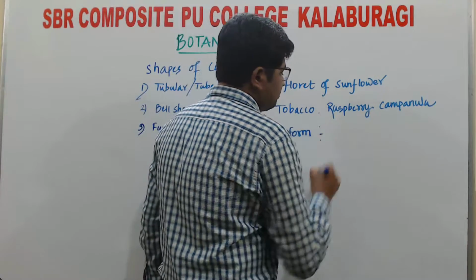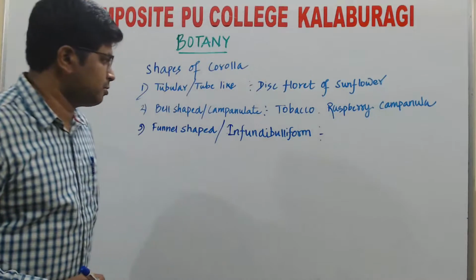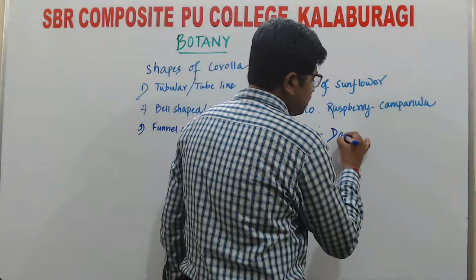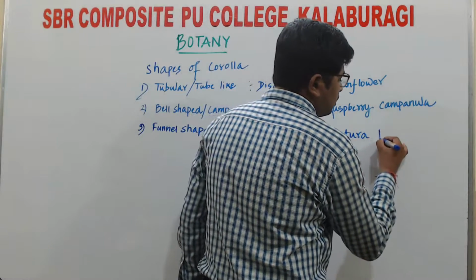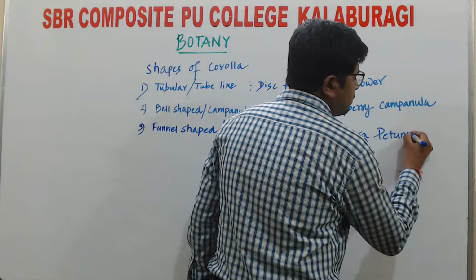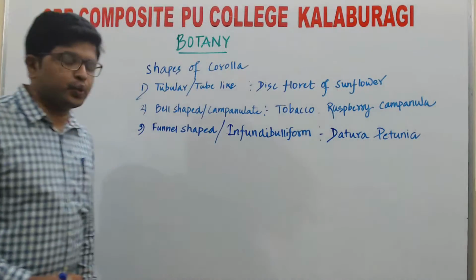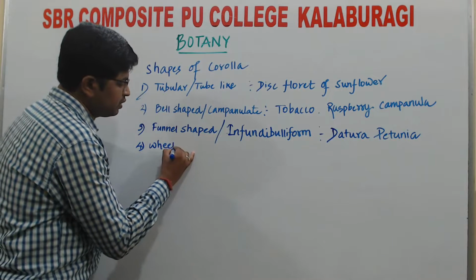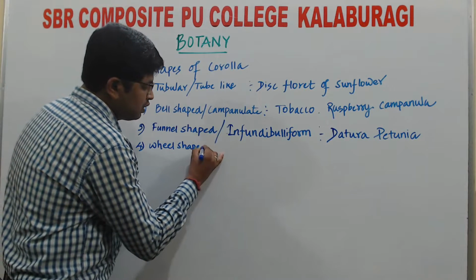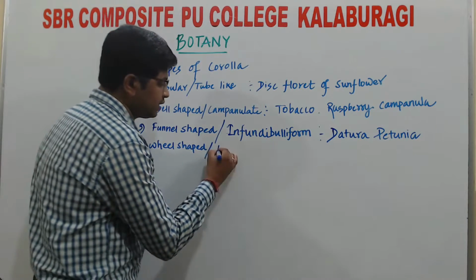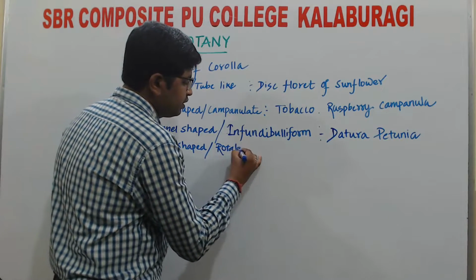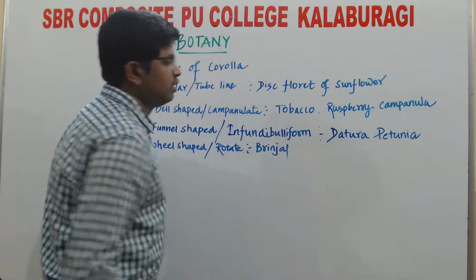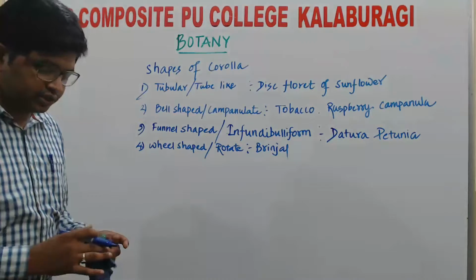So, example, you can consider Datura or Petunia. The fourth type is wheel shaped, or you can call that rotate, right? Example is brinjal. Okay. So kindly make this note.